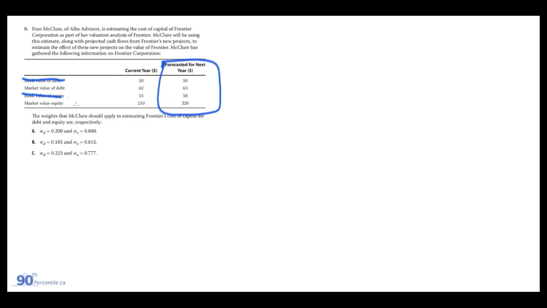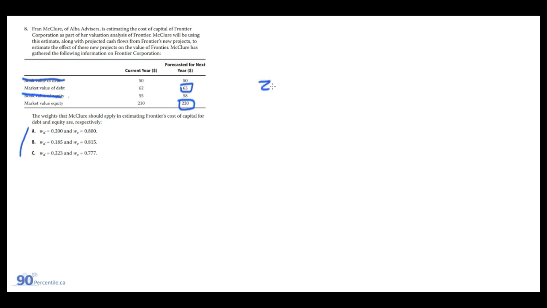So we're asked, the weights that the analyst should apply. Okay, so we need to calculate the weights of debt and weights of equity. The weight of equity is going to be this 220, the forecasted market value, over the sum of that and the market value of debt.